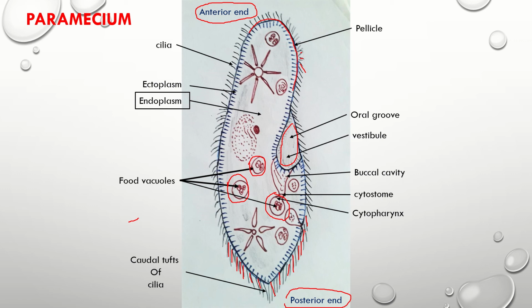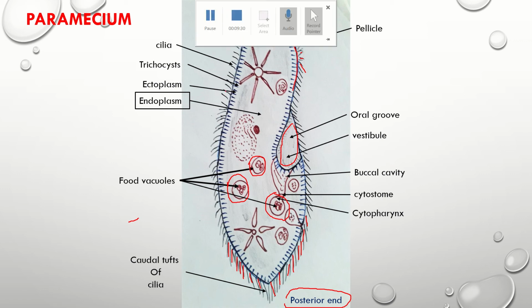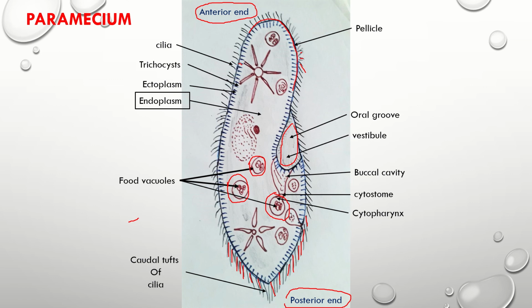Then there are some structures called trichocysts. These trichocysts are rod-like structures. There are many such rod-like structures beneath the pellicle, called trichocysts.